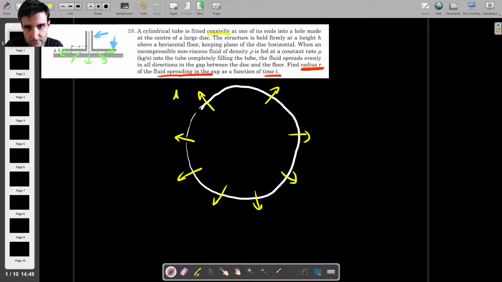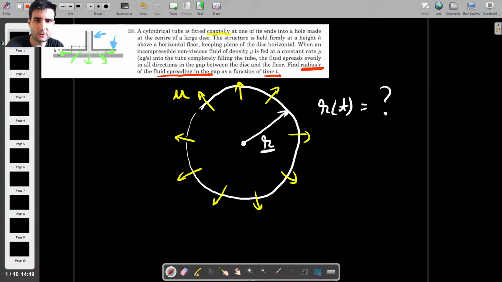This radial speed depends on a few things, including mass flow rate, how far it moved, and so on. So the question is asking: how does the radius of the cylinder evolve with time?